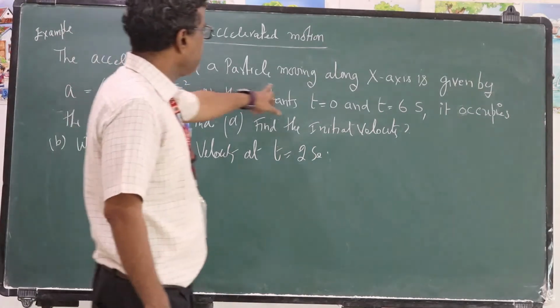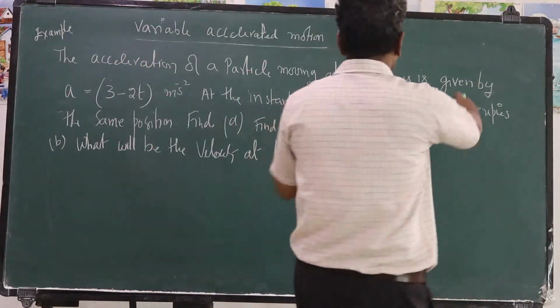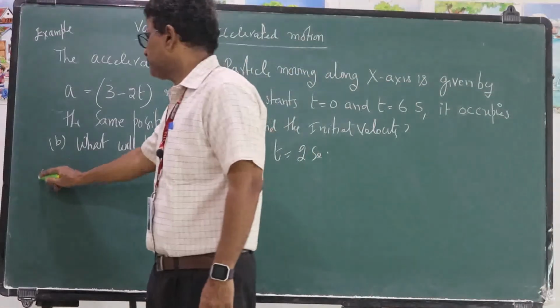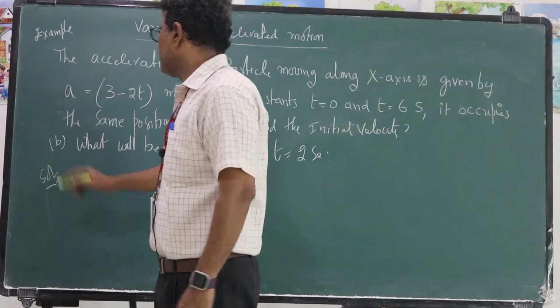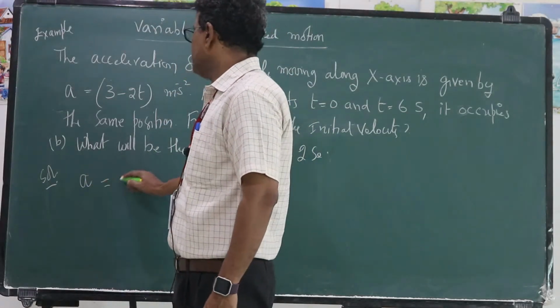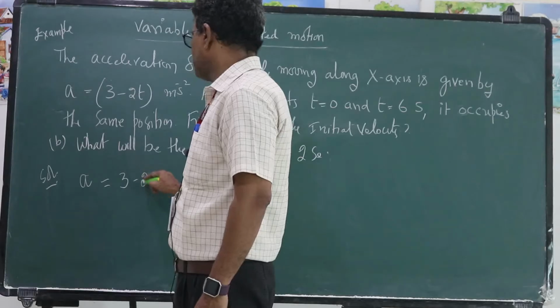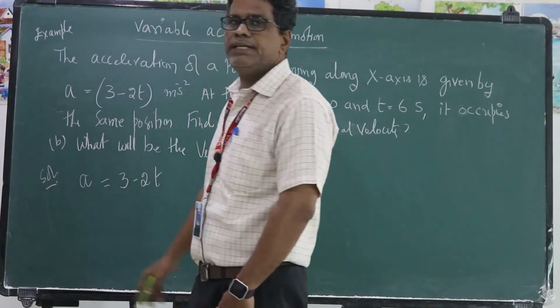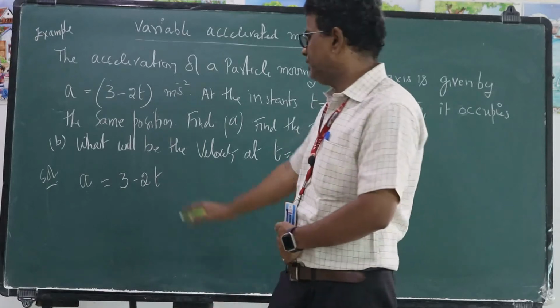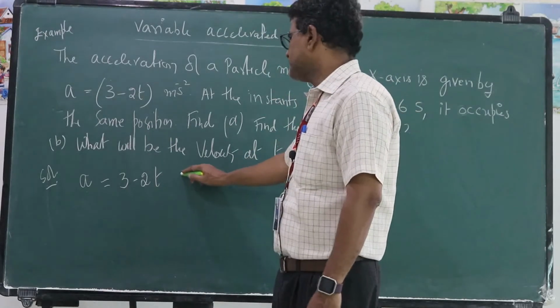Acceleration of a particle moving along the x-axis is given by this expression. So, solution. Acceleration is given by the expression a is equal to 3 minus 2t. It is a function of t, so it is a variable acceleration.